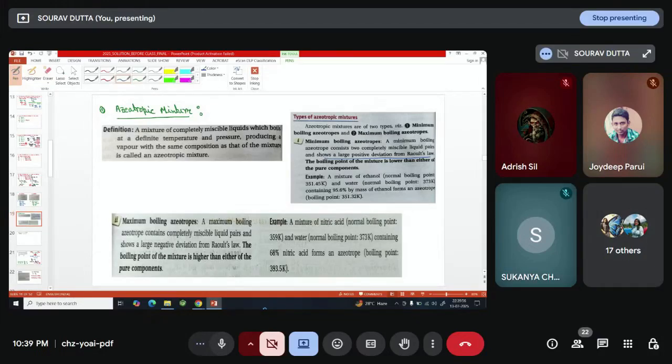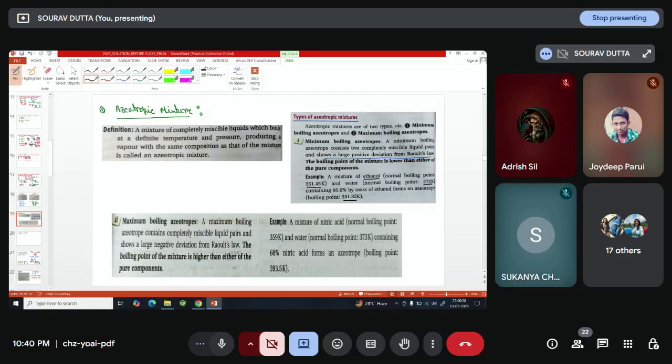Yes, now it's fine. Okay, so minimum boiling azeotrope, the solution which can show large positive deviation from Raoult's law. The boiling point of the mixture is lower than either of the pure components. If we take a mixture of ethanol and water, the normal boiling point of ethanol is 351.45, and in case of water it is 373 K or 100 degrees centigrade, but this mixture has a boiling point of 351.32.